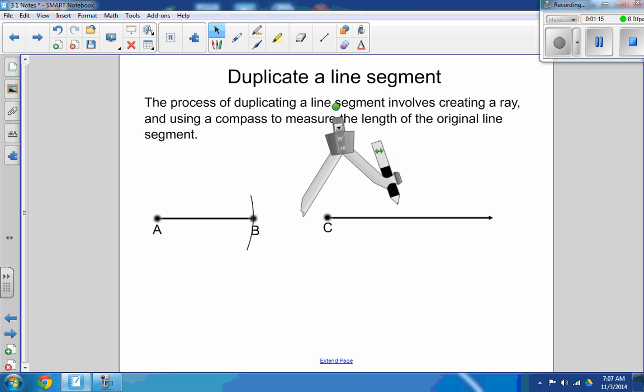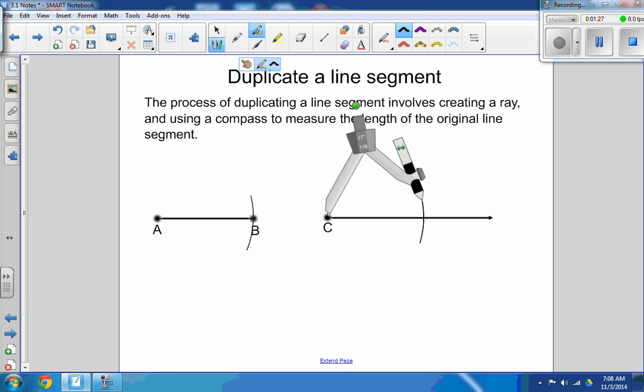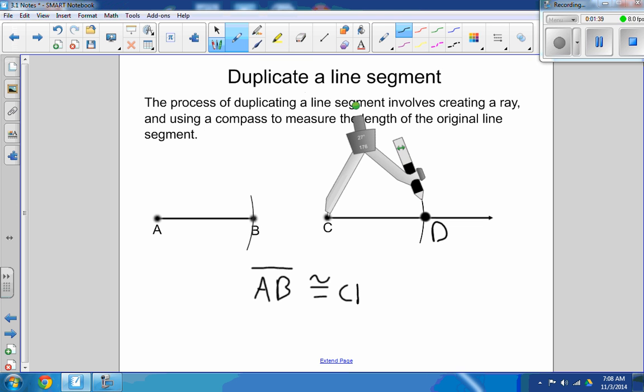Then I'm going to take my compass, put the point of rotation on C, and create an arc of the same length. And there we go. CD is now the same length as AB. So they are congruent.